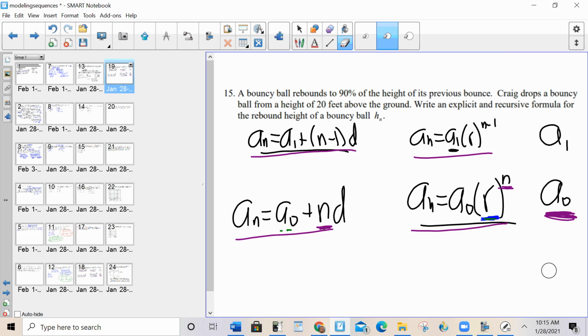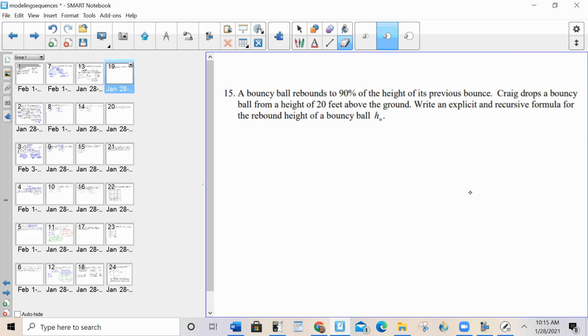So, that being said, a bouncy ball rebounds to 90% of its height, to the height of its previous bounce. Craig drops a bouncy ball from a height of 20 feet above the ground. Write an explicit and recursive formula for the rebound height of the bouncy ball. 20 feet. How many bounces has happened at 20 feet?